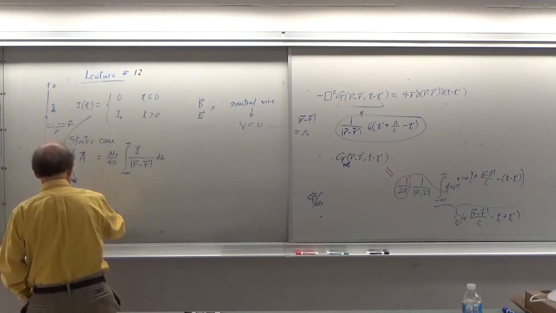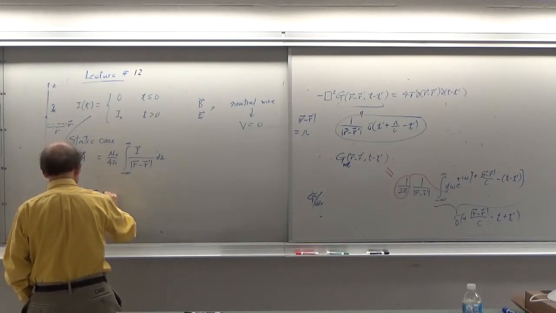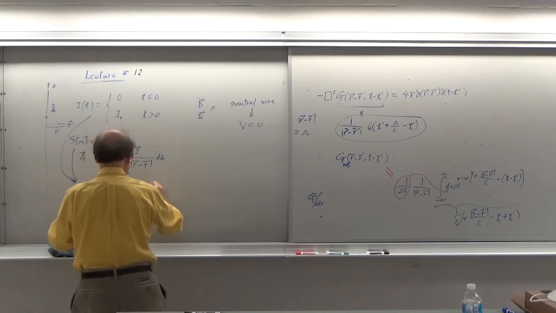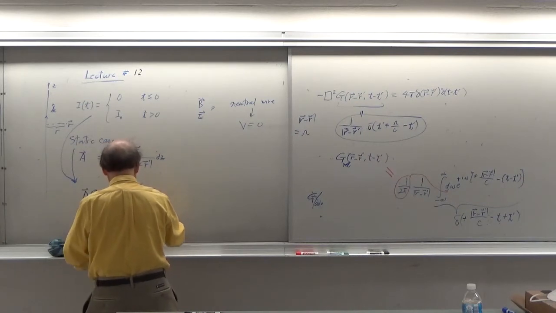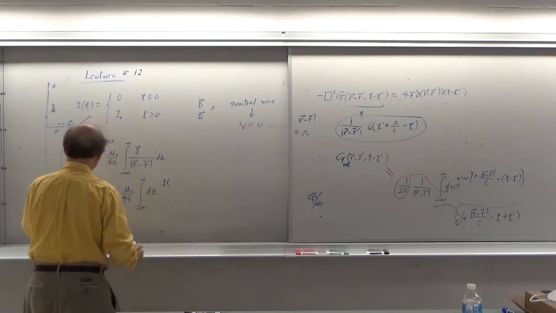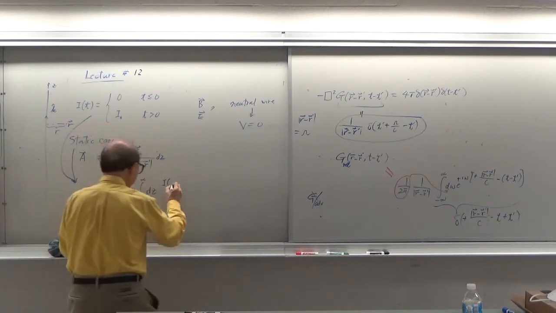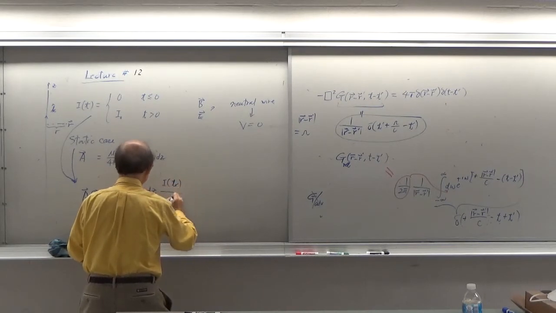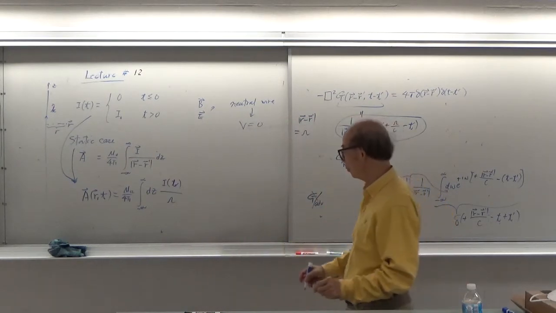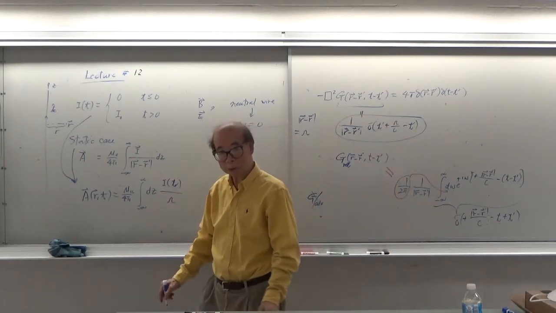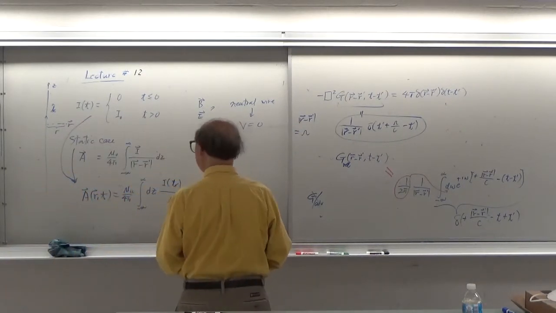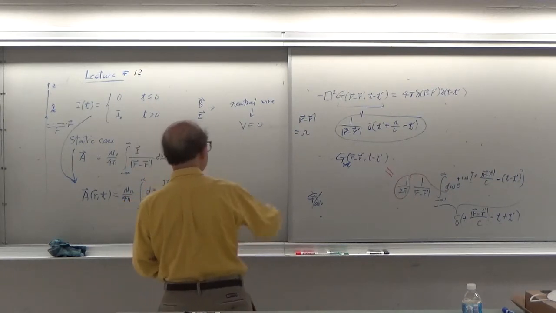So that now we have A at r, t would be equal to mu naught over 4 pi, integration over z from minus infinity to infinity, with the t now in the source being the retarded time, divided by r. That's the only change the derivative will make. But it's a crucial change, as I will show you. All right. So let's see.